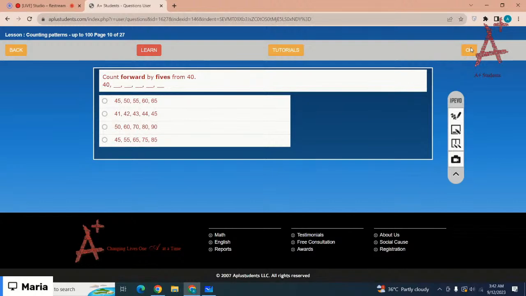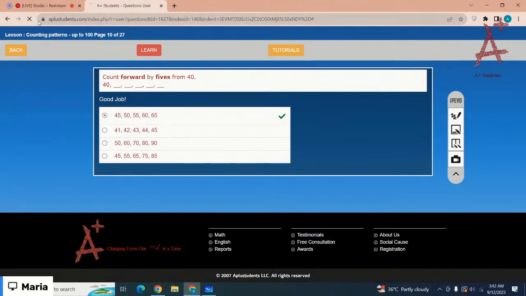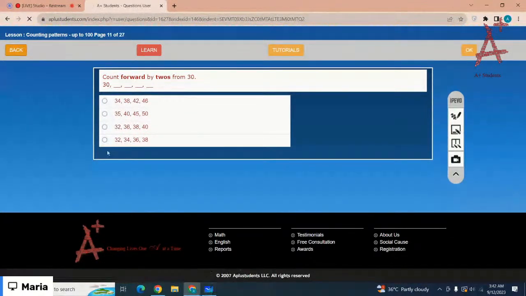You have to start from 40 and move forward 5 every time. That would be option number 1: 40, 45, 50, 55, 60, and 65. Okay, you can complete the rest of the questions by yourself later today.